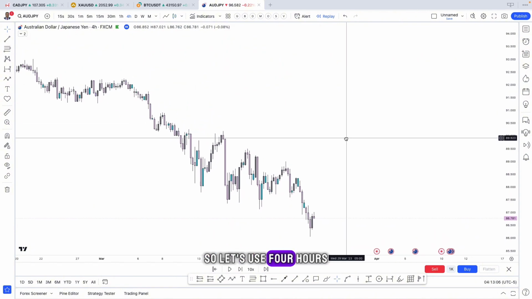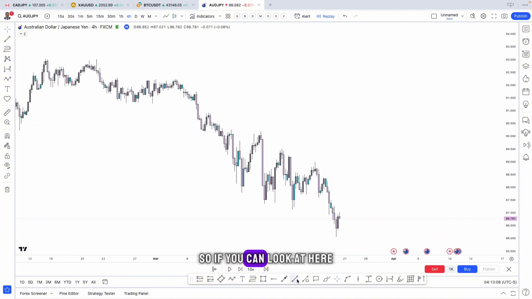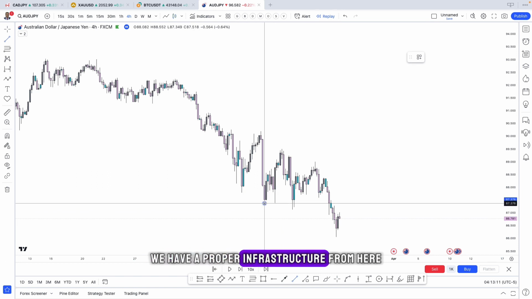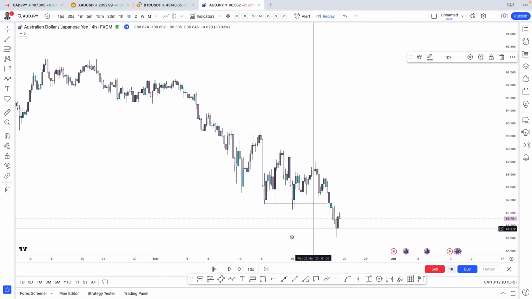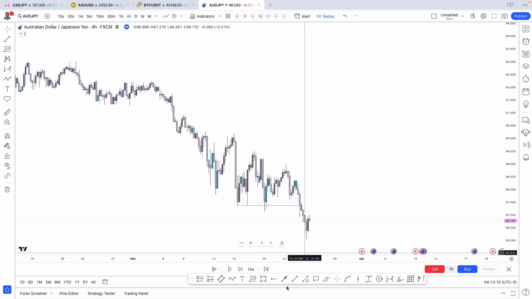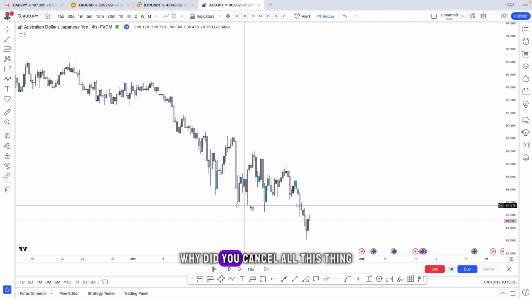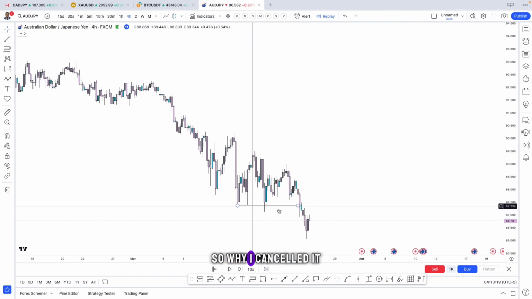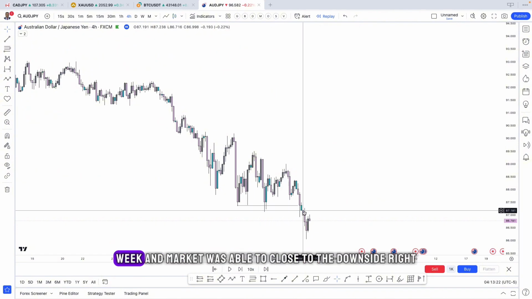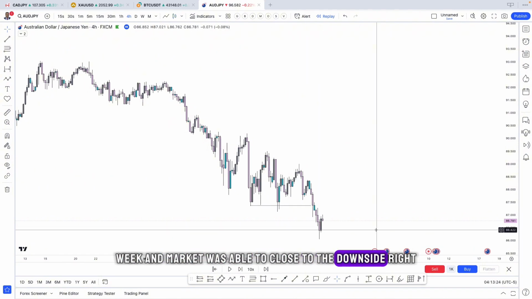So let's use 4 hours. If you look at here, we have a proper break of structure from here to the downside. And then some people will be like, why did you cancel all this? I canceled it because these are weak, and the market was able to close to the downside, right?